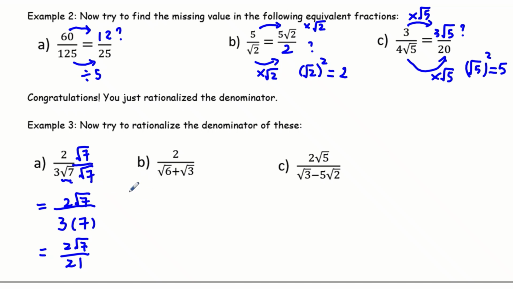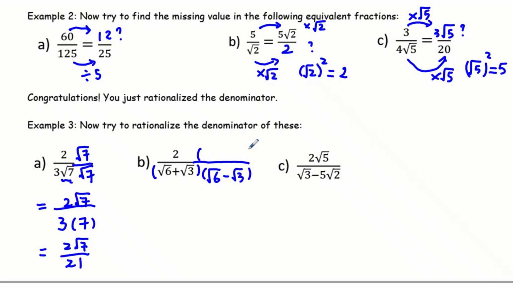Okay, and the second one is tricky. The denominator is not one term, it's a binomial, and this is where we are going to use a conjugate. So what does conjugate mean? Conjugate is for a binomial, you have 2 numbers, before is plus, the conjugate is just change it to minus.